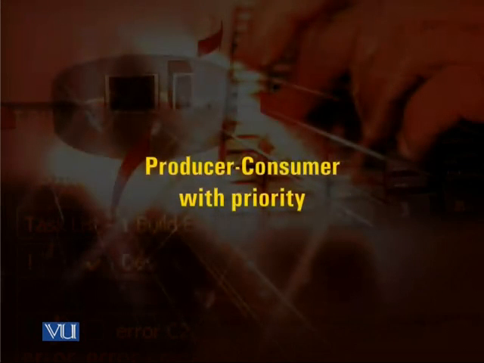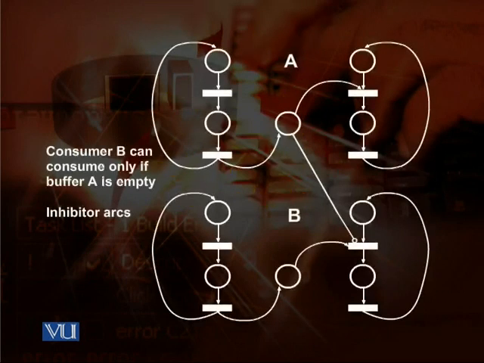So here is a producer-consumer problem with priority. In this particular case, consumer B can consume only if buffer A is empty, that means there is nothing in buffer A, so consumer A cannot consume. Only then do we allow consumer B to consume.